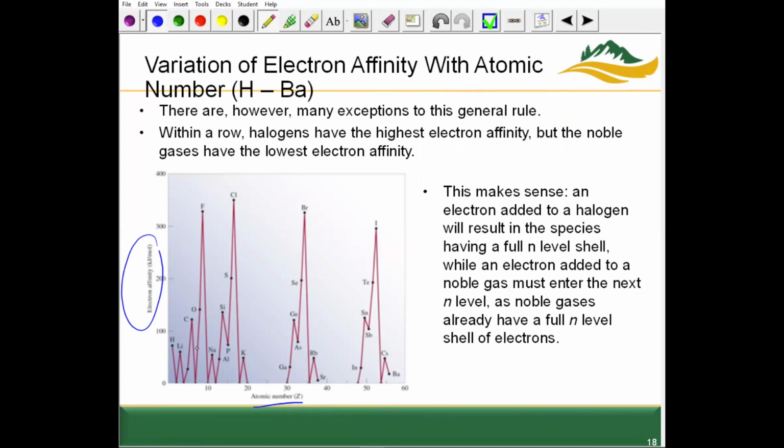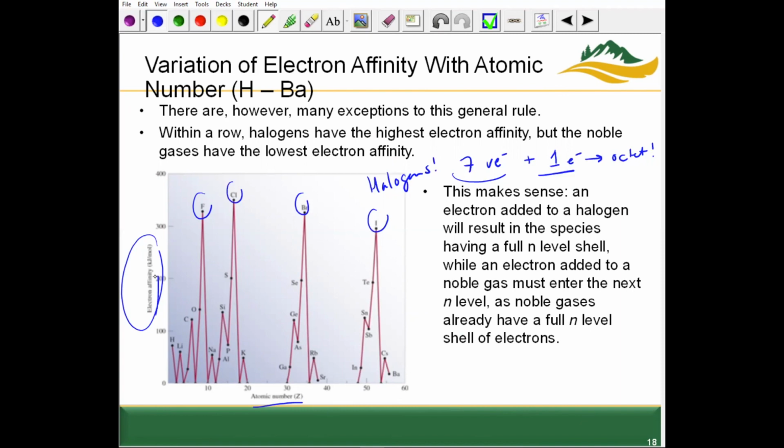The elements that do want to take on another electron, surprise, surprise, are our halogens. The halogens have 7 valence electrons. They really want to add on another electron to reach a happy octet. The halogens have very large electron affinity values.